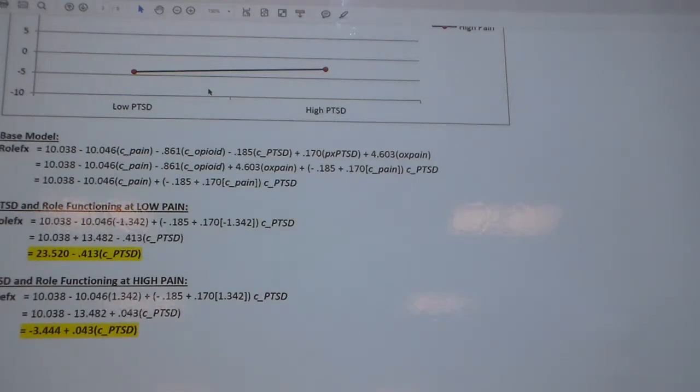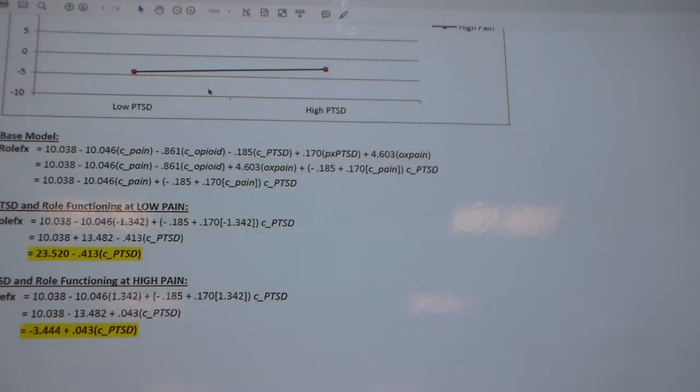So I've got two interaction terms in this, which makes it a little bit complicated. But what I'm going to do is take my main function here, and I'm going to restructure this to look at the conditional effect of PTSD, okay?